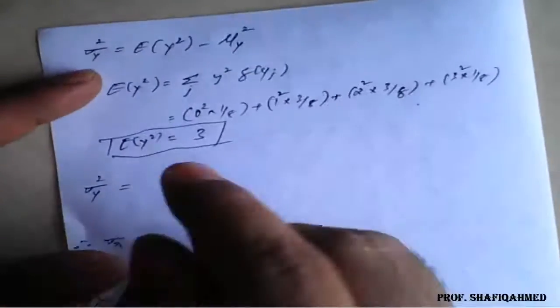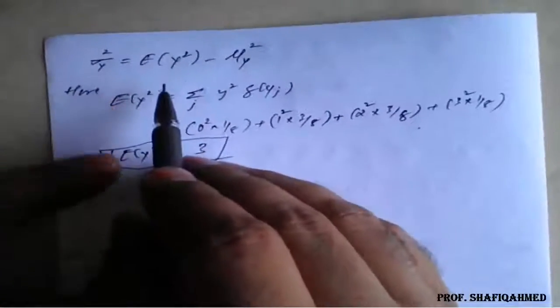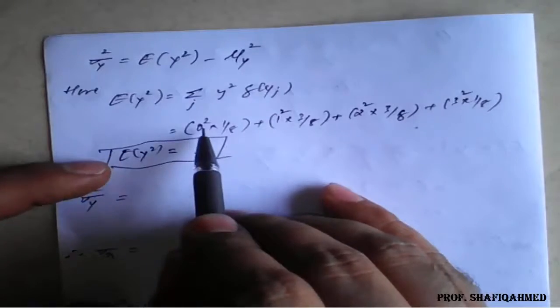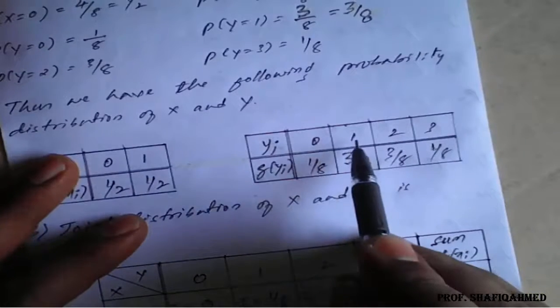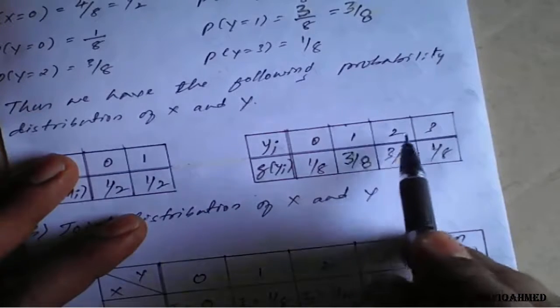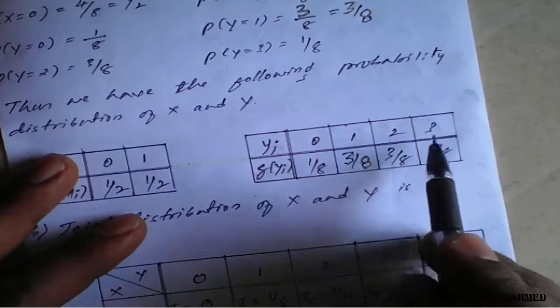Next we need to calculate for the expectation of y square. From the table we take 0 square into 1 by 8 plus 1 square into 3 by 8 plus 2 square into 3 by 8 plus 3 square into 1 by 8.